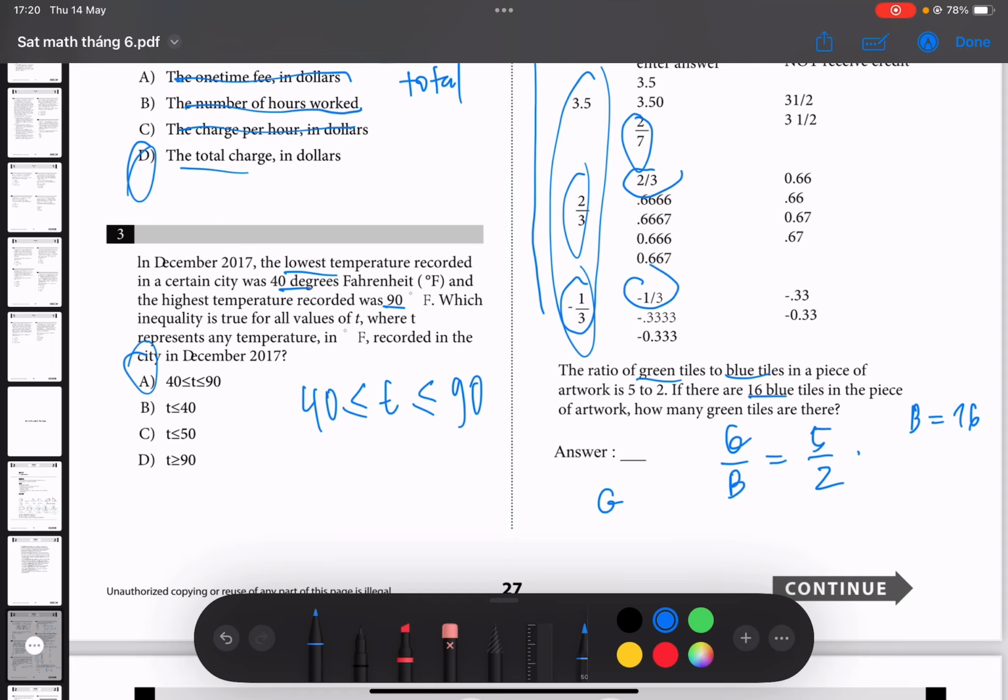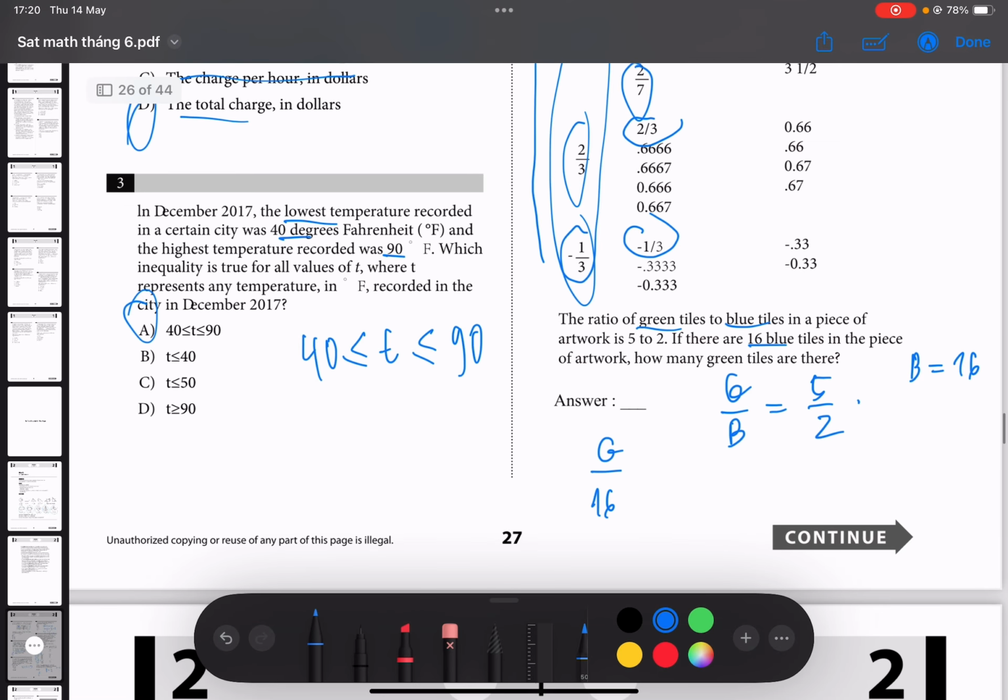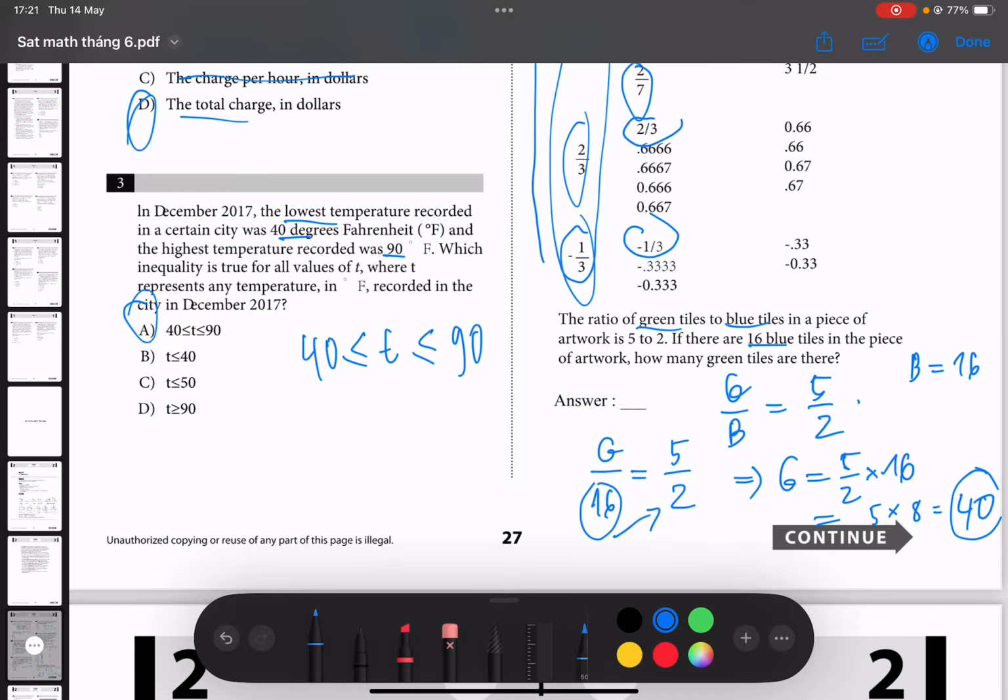Green is the value that you want to find, and for blue you have 16, so you substitute it into the equation and set it equal to 5 over 2. All you do is move the 16 to the other side, and it gives you the answer. So you have 5 multiplied by 8, which equals 40. So the answer is 40.